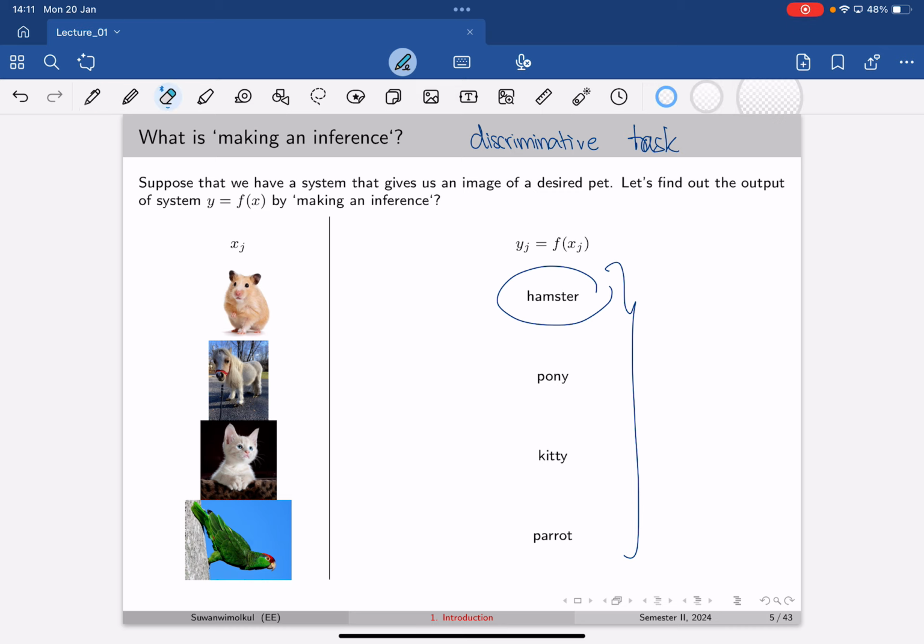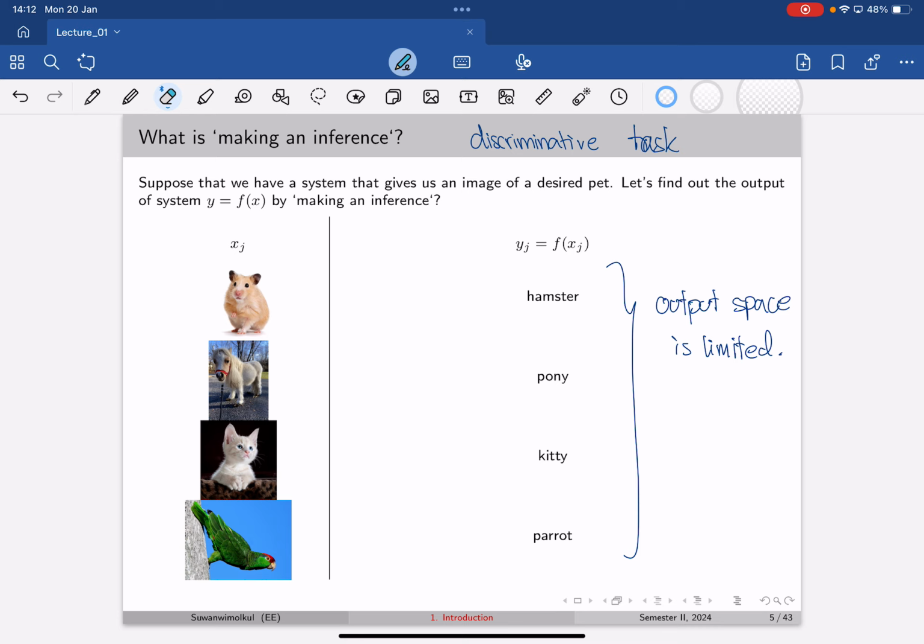So the gist is about the output space being limited.